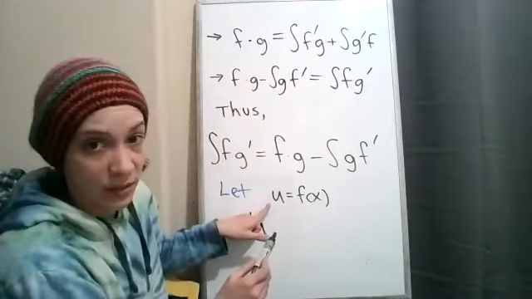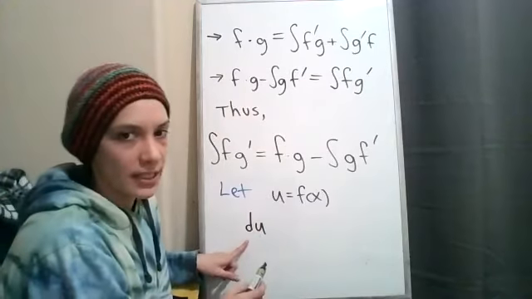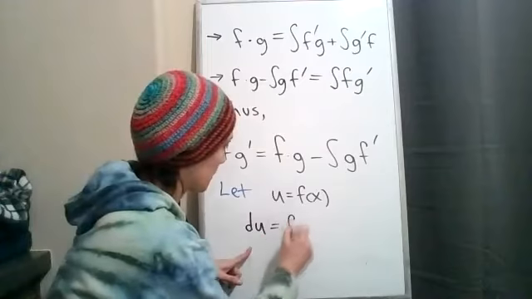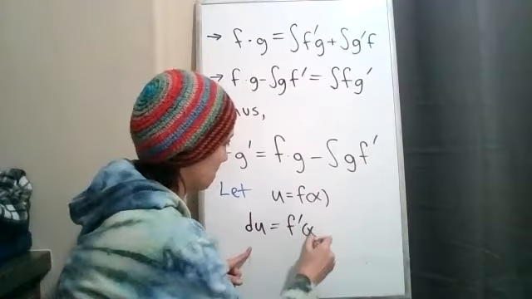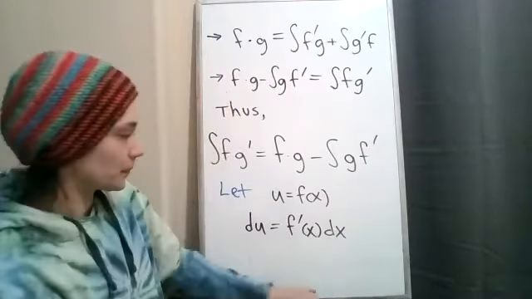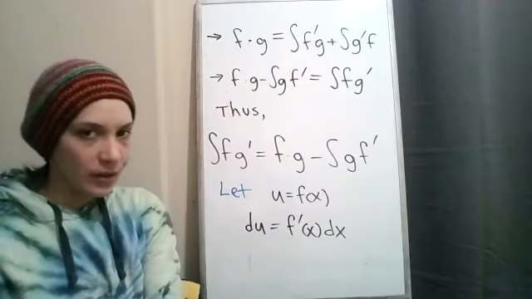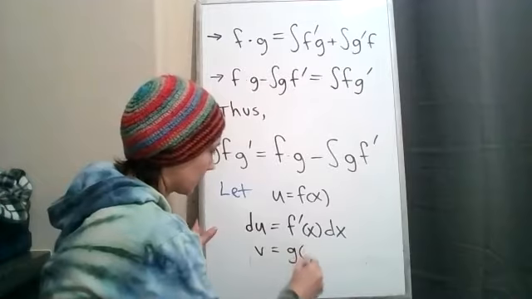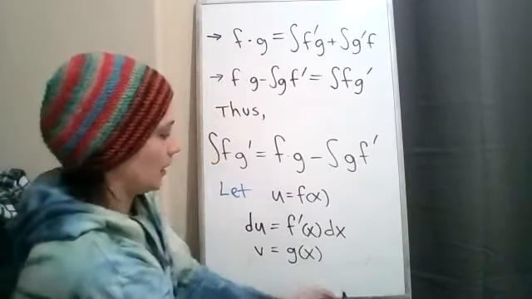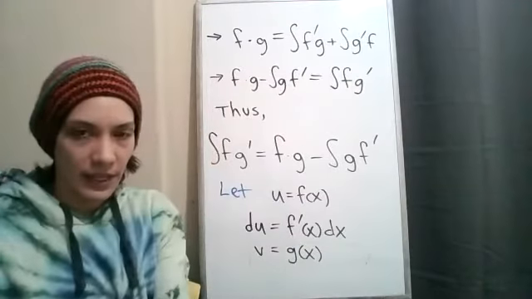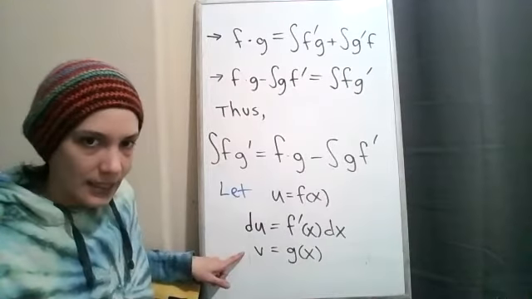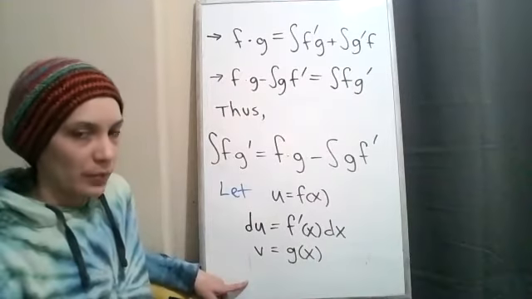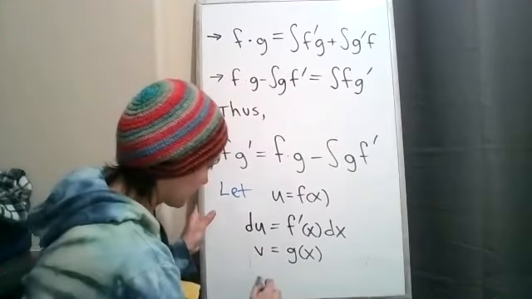Or take the derivative of both sides, and then you can get to this formula. V we will call g of x. And then take the derivative of this to get dv equals g prime of x dx.